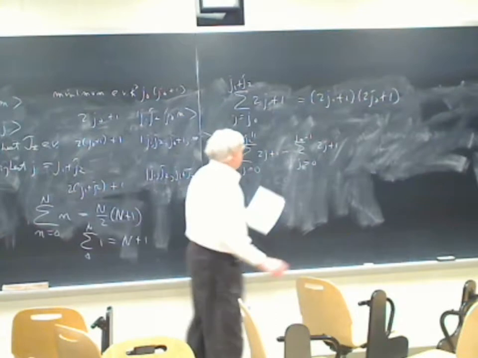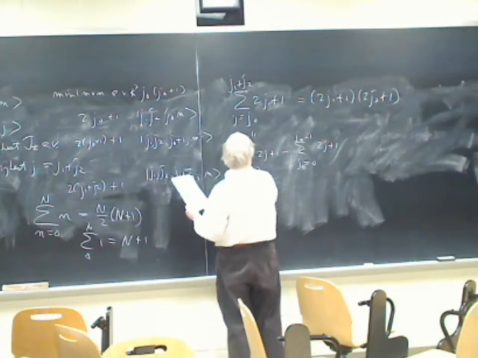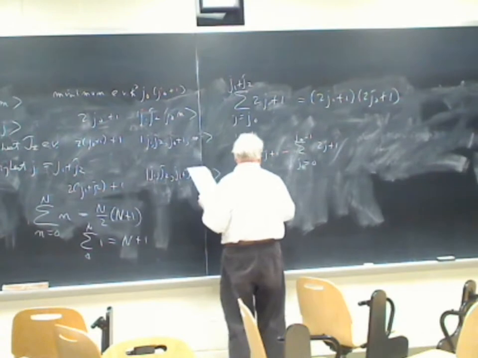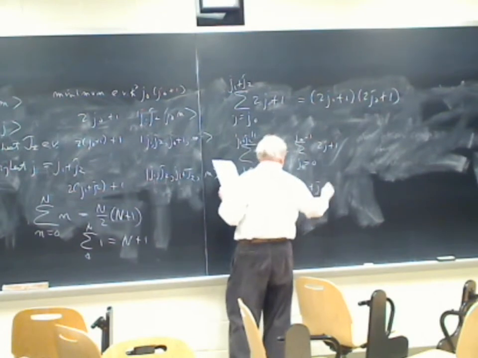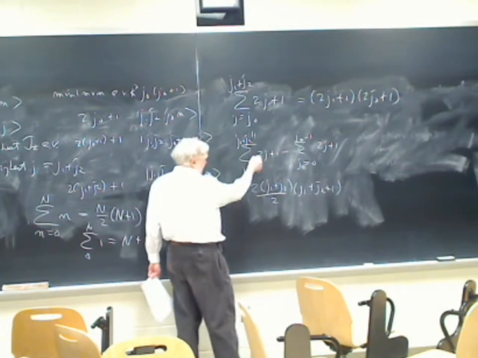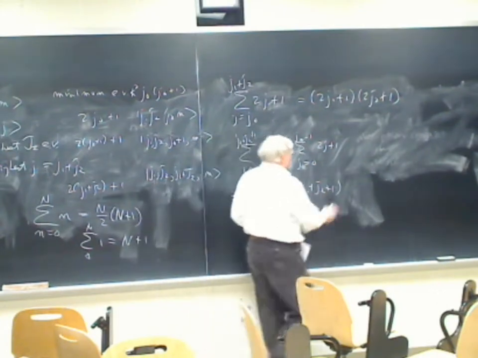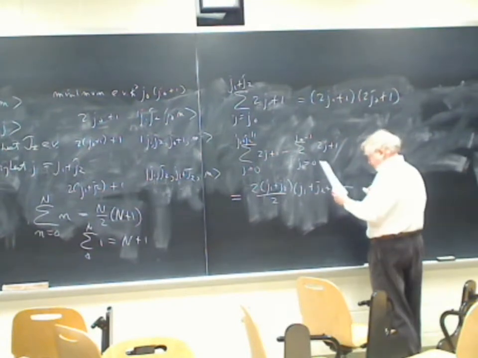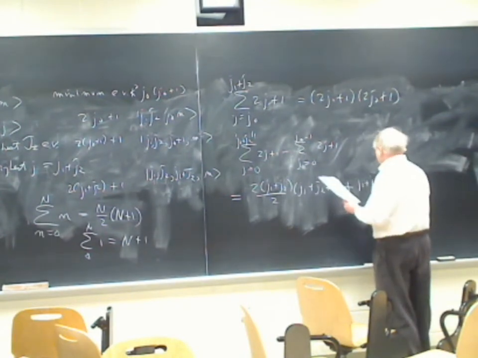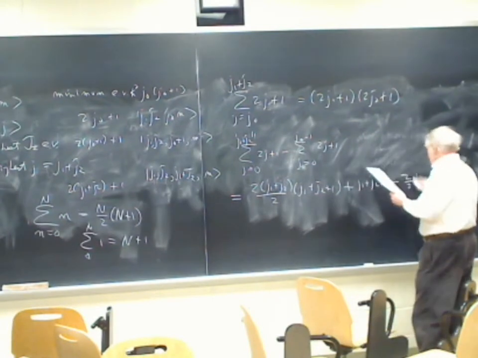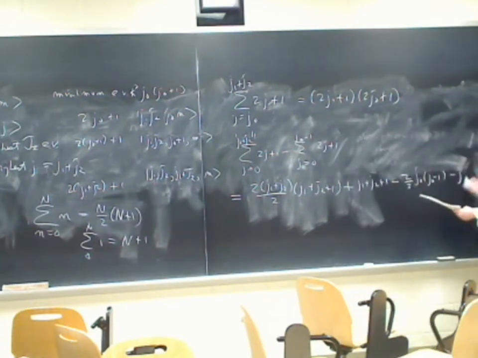So we use those to figure out what this is, and what we get is 2 over 2 times (J1 plus J2)(J1 plus J2 plus 1), plus J1 plus J2 plus 1, and now we subtract J0 minus 1 times J0 over 2 times 2, because we're just going up to J0 minus 1, and then minus J0.